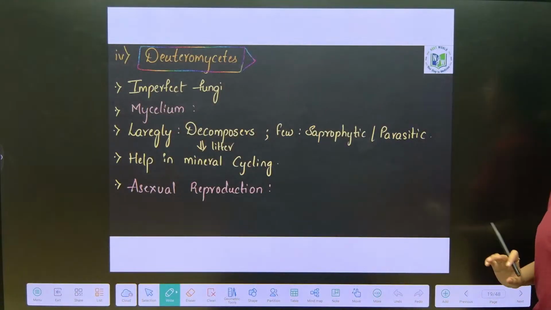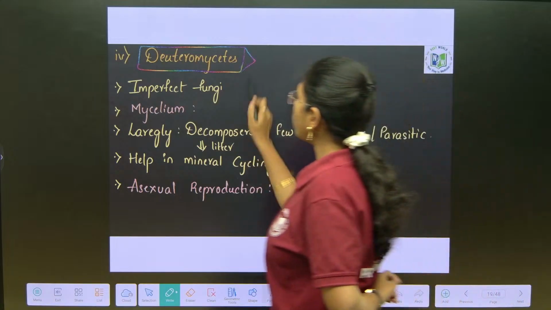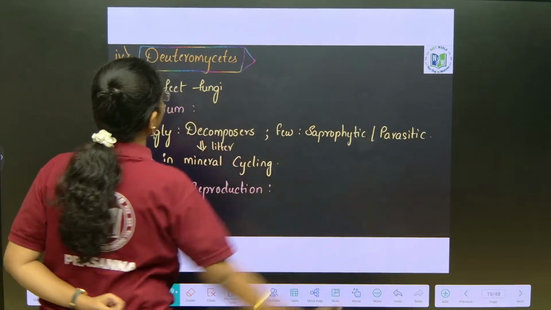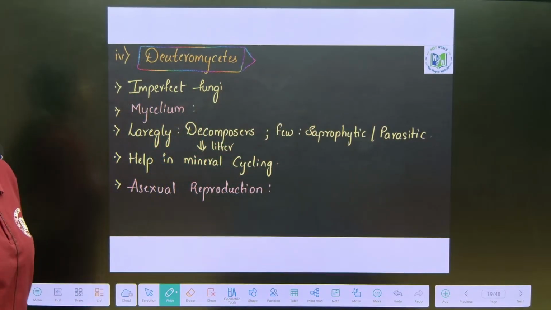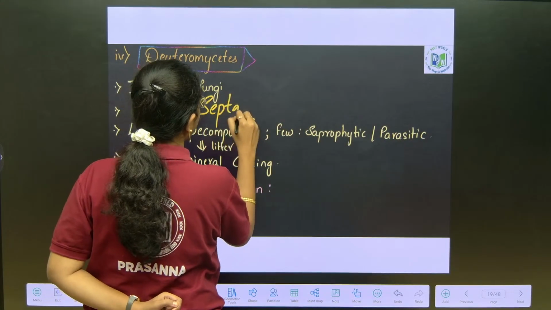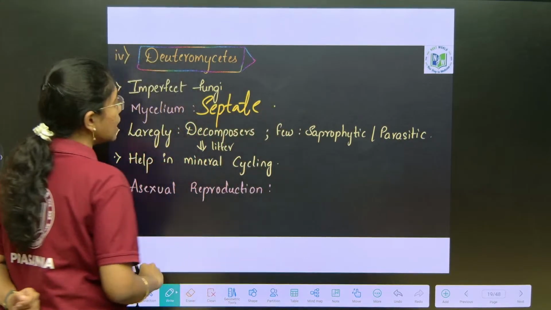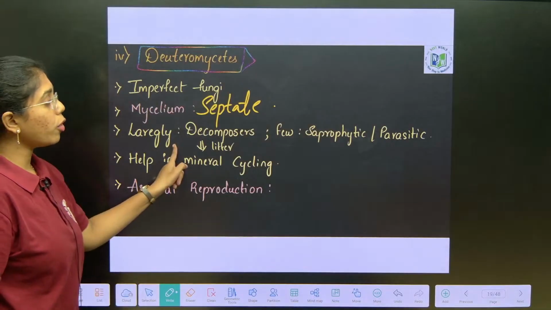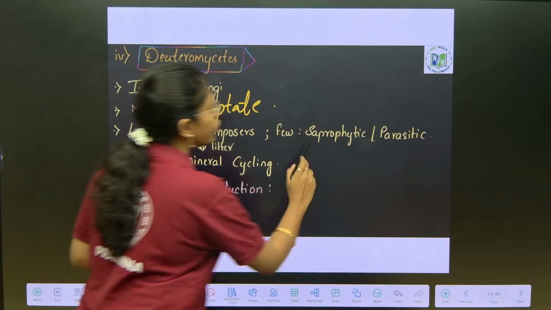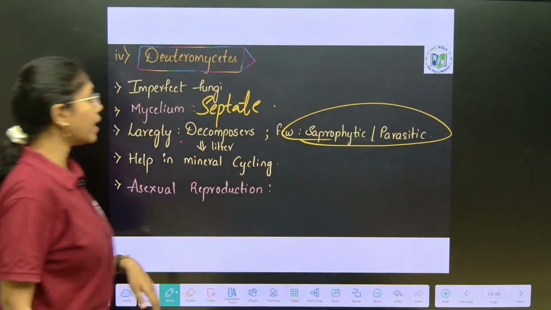Next, the last class of fungi is Deuteromycetes. Deuteromycetes is the last class of fungi, which is fungi imperfecti or imperfect fungi, and the mycelium is again septate. Septate mycelium is present, and these are largely decomposers. If you look at the habitat, these are largely what? Decomposers. Few of them are saprophytic and parasitic.